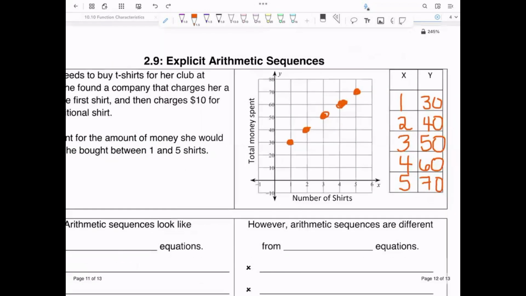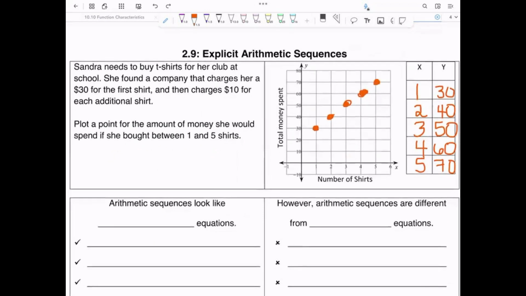Notice in our word problem, it says $30 for the first shirt. Whenever you see the word first, or something like month 1, so if you see first month or month 1, that's going to indicate that it's a sequence.